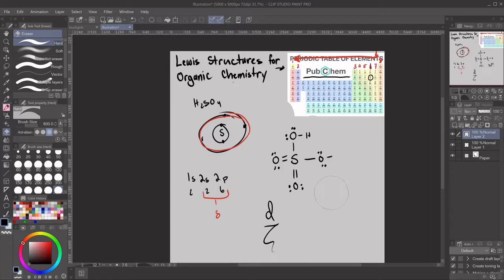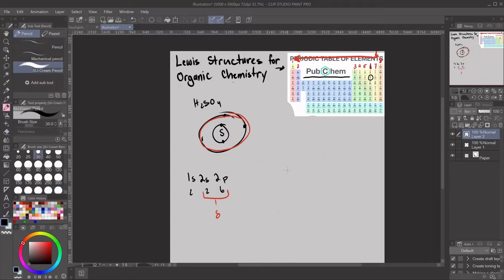All right, so let's go over some general rules with Lewis structure stability. They will follow the octet rule, which generally means that every atom is going to want 8 electrons total around it. We're going to want our formal charge to be as neutral as possible. So I'm going to say formal neutral.